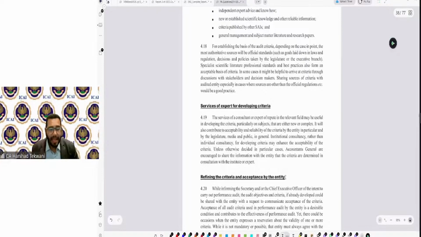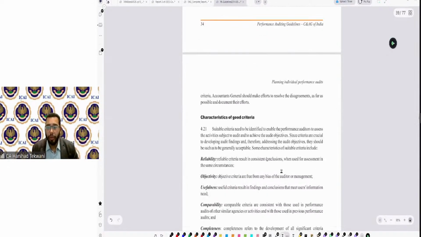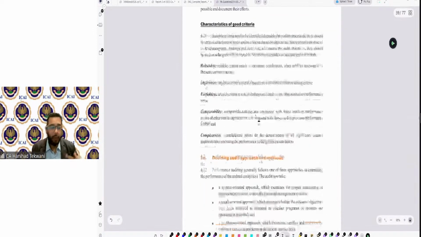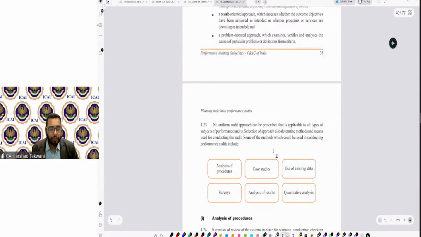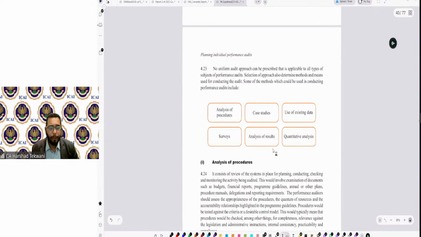Refine the criteria and check acceptance by the entity, whether the entity is following that criteria or not, and whether the entity considered that criteria even at the start, while implementing the program. Consider the characteristics of good criteria, what could be a good criteria. Then decide the audit approach, which could be analysis of procedure, case studies, use of existing data, surveys, analysis of results, quantitative analysis.